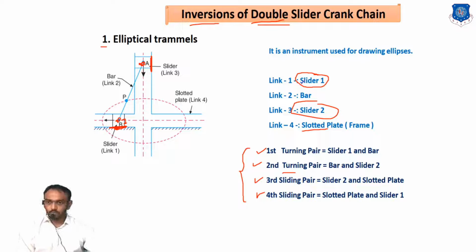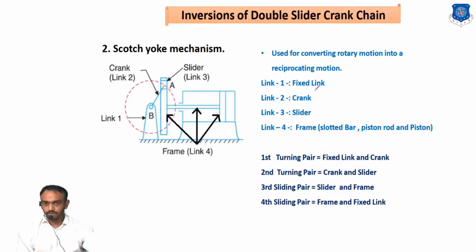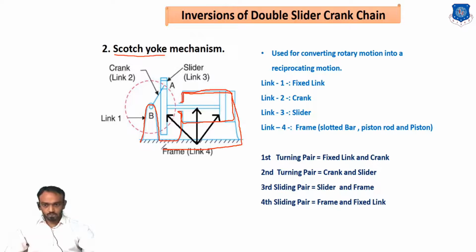We are going to the next inversion of the double slider crank chain, which is the Scotch-Yoke mechanism. Wherever you see any inversion or mechanism, first of all count the links. First, the fixed frame: this cylinder is also fixed, so this totally we will consider as link number 1, the total fixed link.